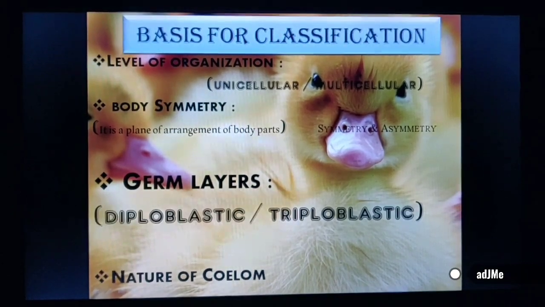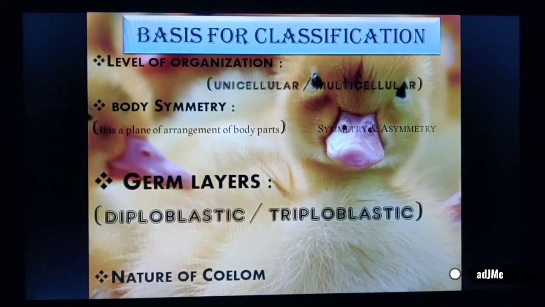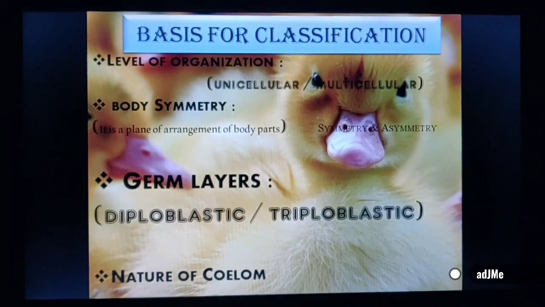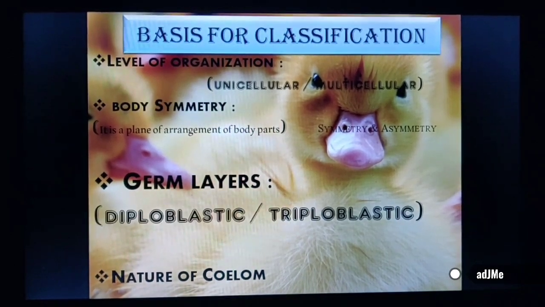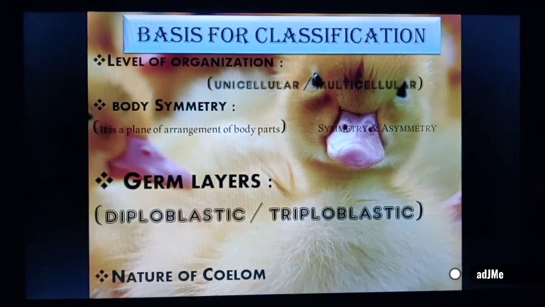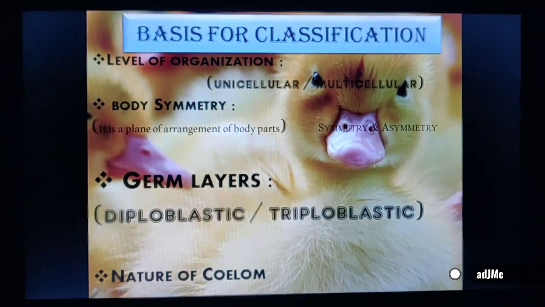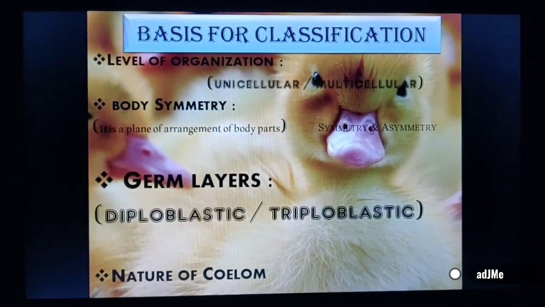So during that embryonic development, you come across the appearance of germ layers. In some organisms just 2 germ layers are formed, and in some animals 3 germ layers are formed. So based on this, we classify the animals into, as it is on the screen, diploblastic animals.